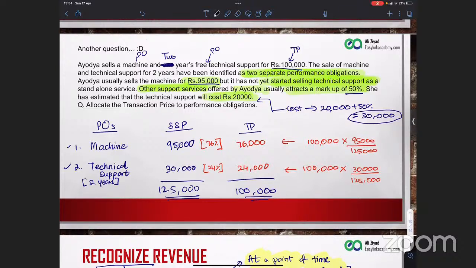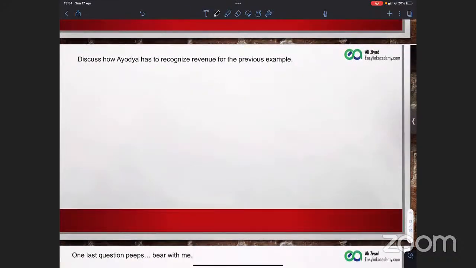Exactly. Now let's say you buy the machine from Ayodhya. As soon as you get the machine, Ayodhya will record this in her income statement. Sorry, not 95,000. It's how much? 76,000.